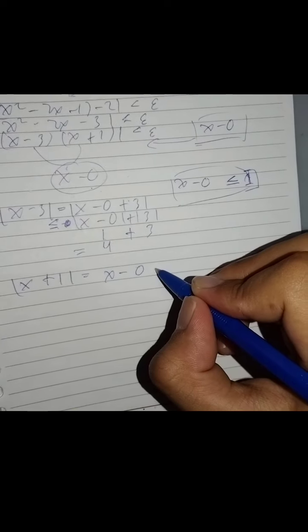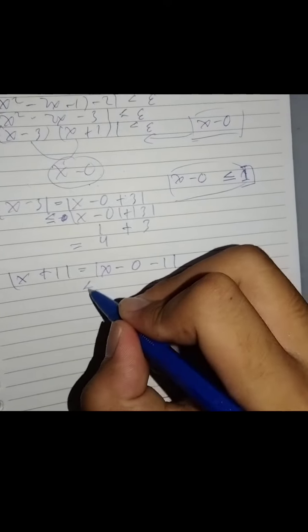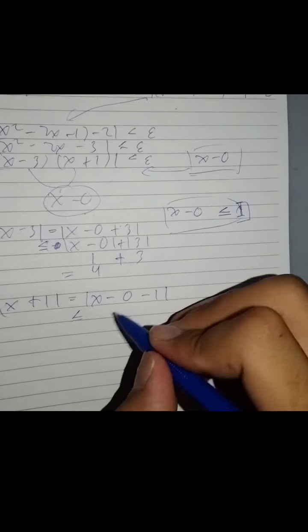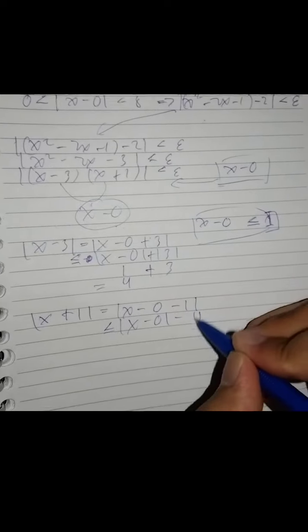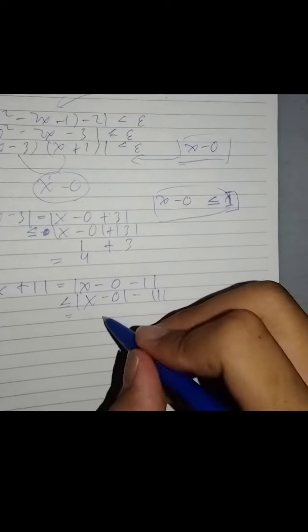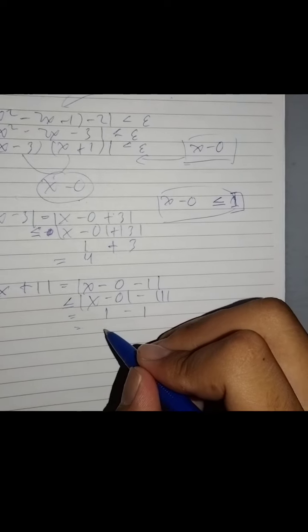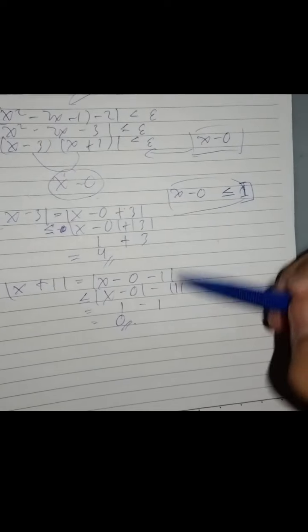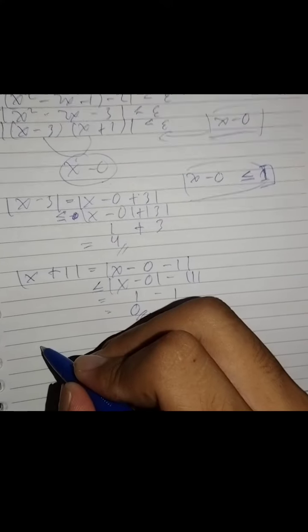Okay, the next is x plus 1, so it will be x minus 0 and plus 1, still absolute. So after using these rules, it will be x minus 0 plus 1, so it will be 1 plus 1, so it's equal to 2. Okay, from the equation, we find the delta.